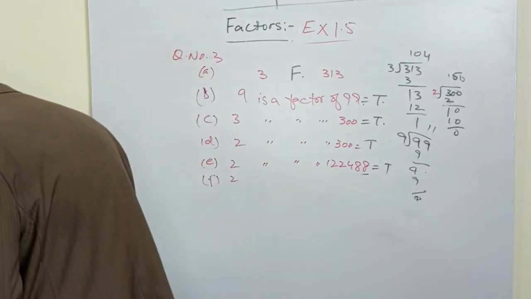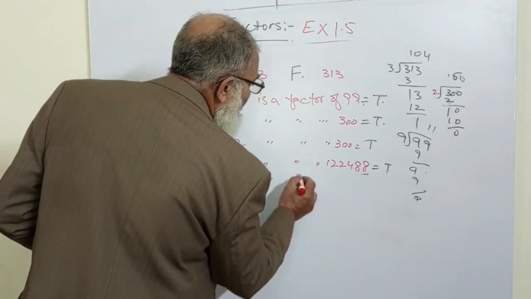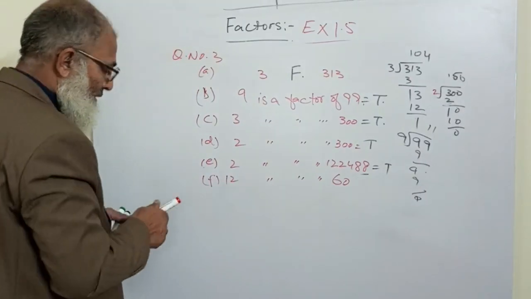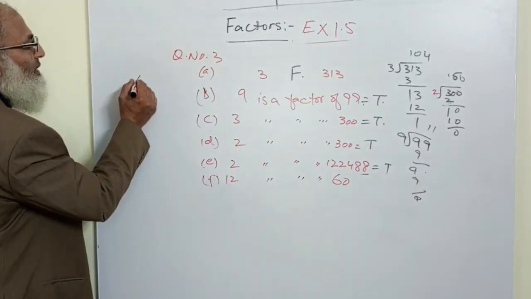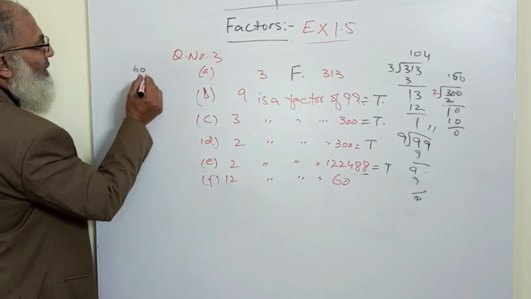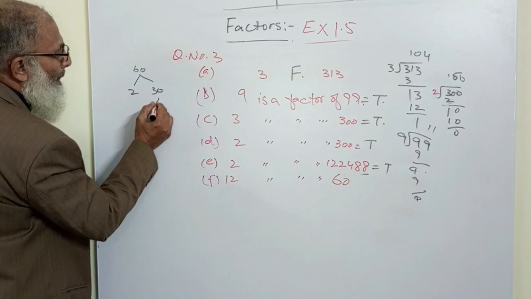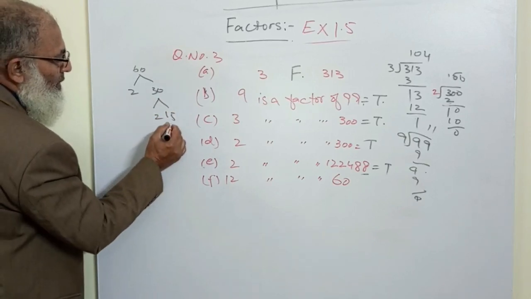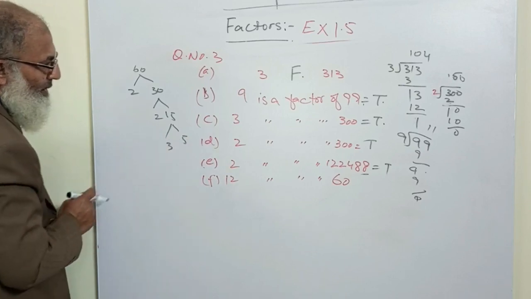Part F, 12 is a factor of 60. Yes, we can check it. 60, 30, 2, 15, 2, 5 and 3.